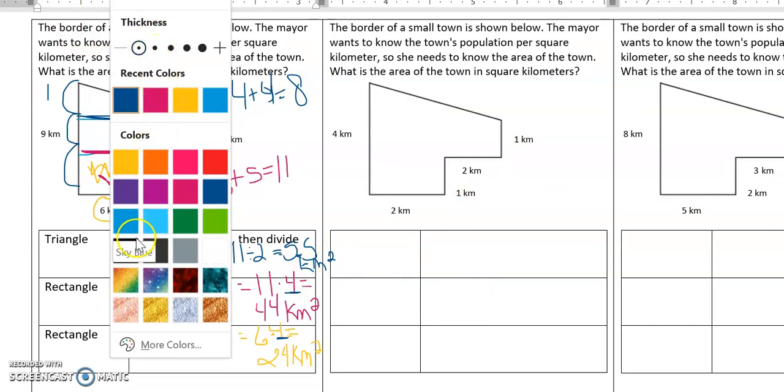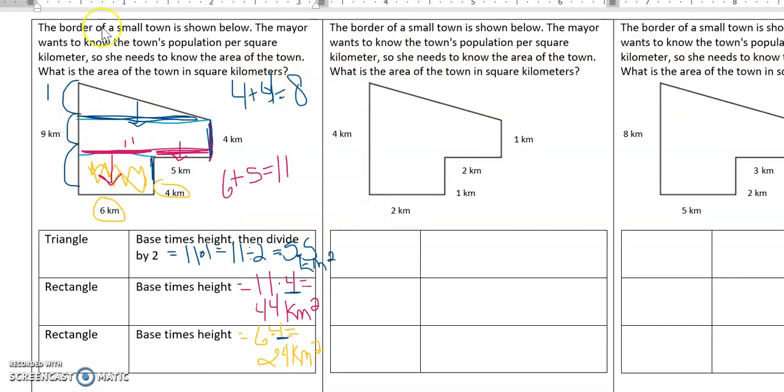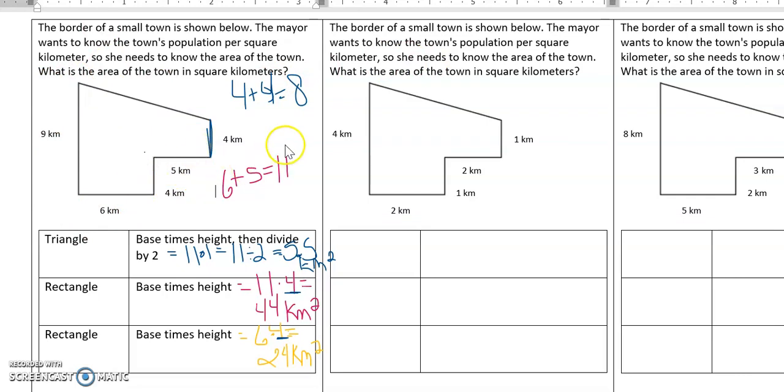We are not done. I found the area of each polygon. I need to find the total area of all of these shapes. So that means this area is 5.5, this area is 44, and this area is 24.